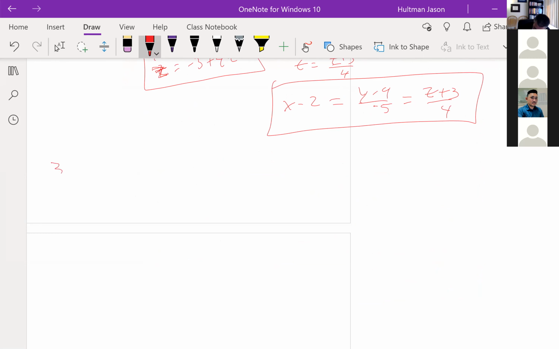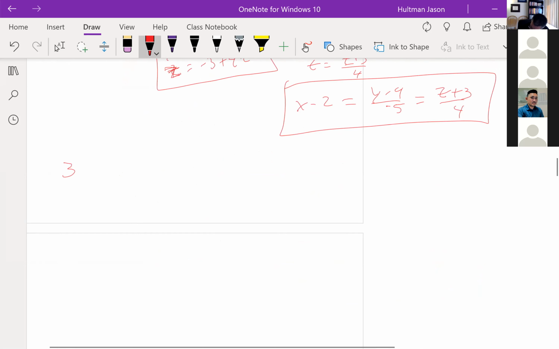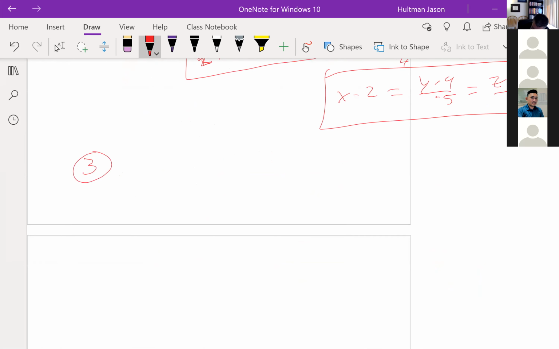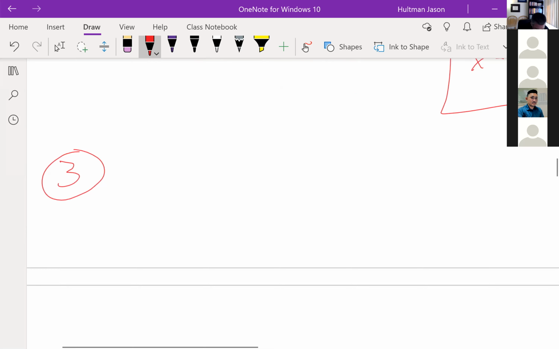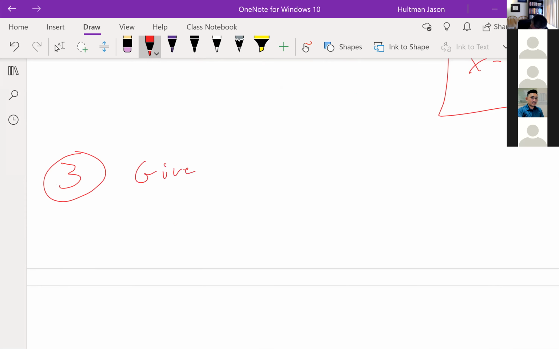Okay, number 3. Given x equals 2 plus t, y equals 4 minus 5t, z equals negative 3 plus 4t, where does the line intersect the xy plane?